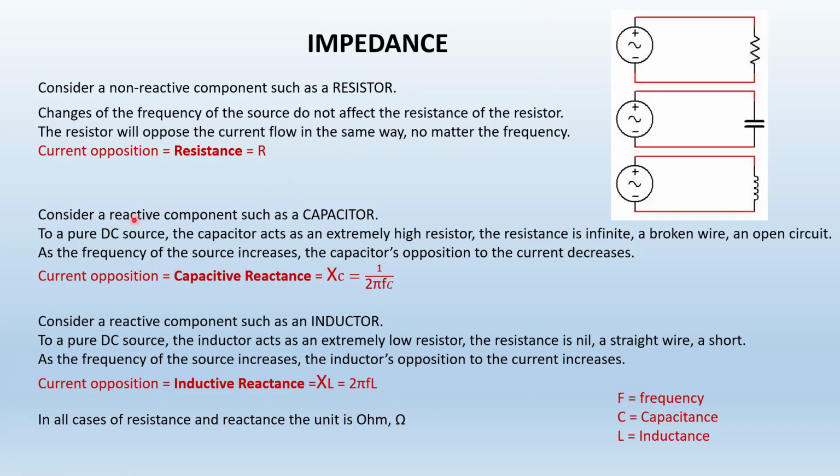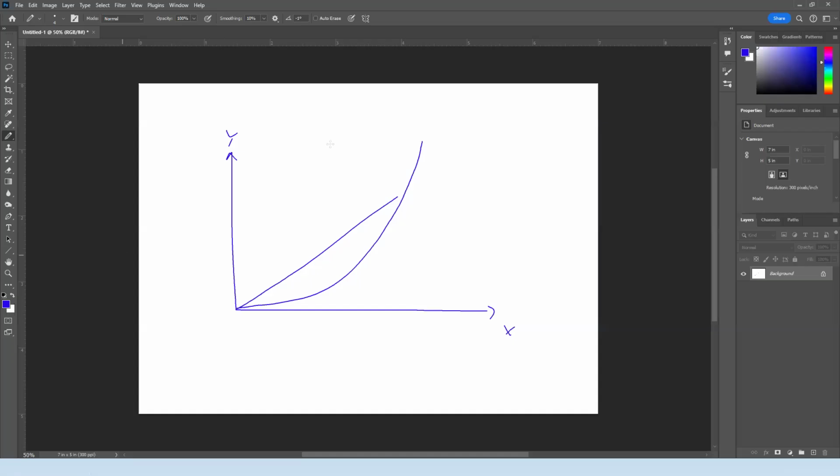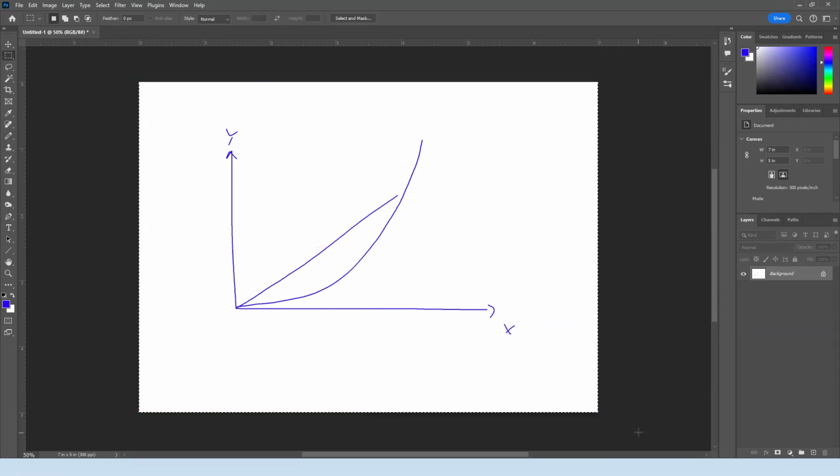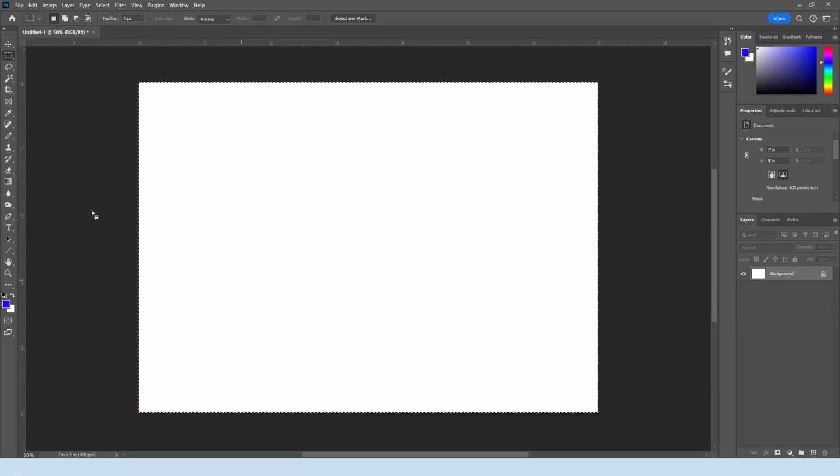Now, let's see something that's a reactive component, such as a capacitor, right here. To a pure DC source, the capacitor acts as an extremely high resistor. Now, I'm going to digress a little bit because I just have to, just so we understand things and we're on the same page.